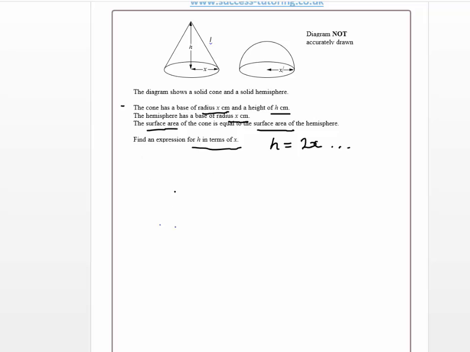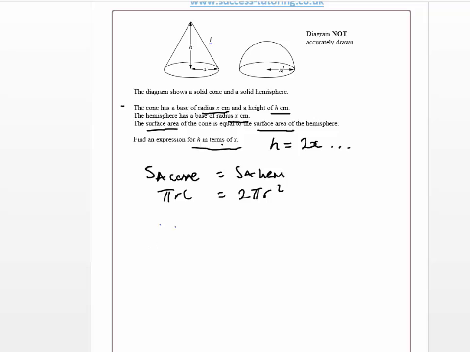Could be 2x, but we're going to work it out. Watch now. You should already know the formula for the surface area of a cone, and they've told us it's equal to the surface area of a hemisphere. There you go. So pi r L is equal to 2 pi r squared.